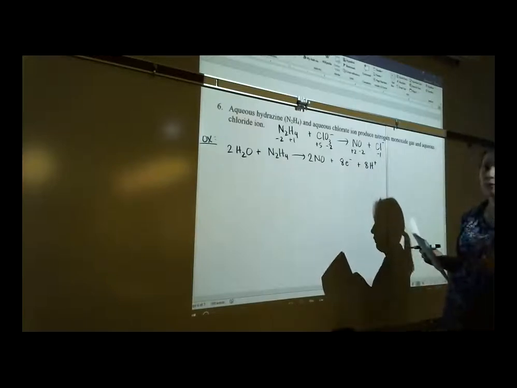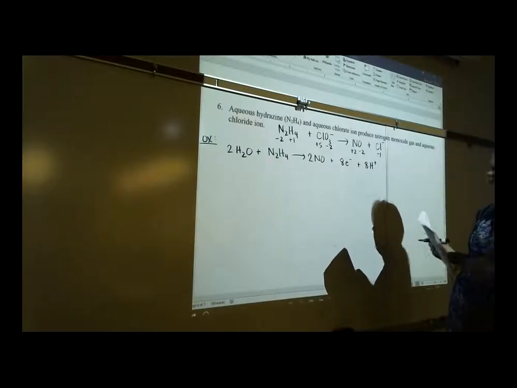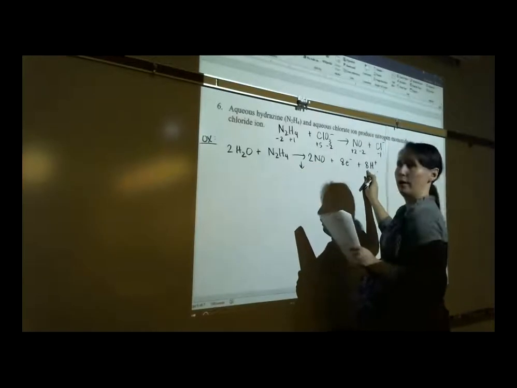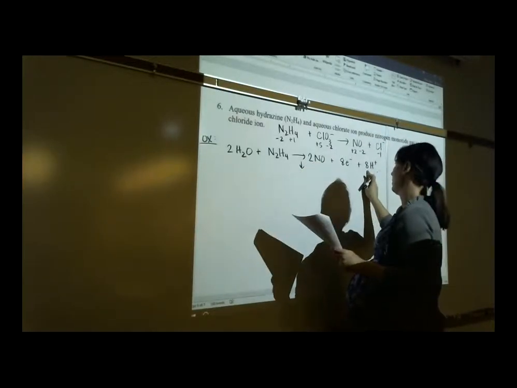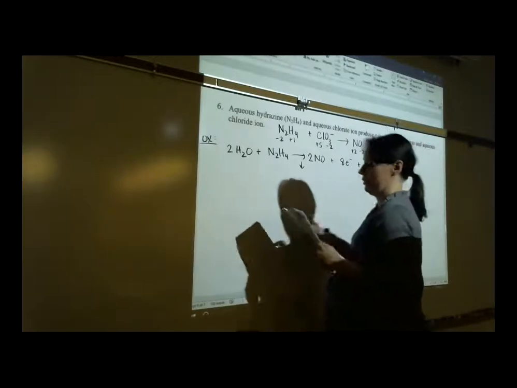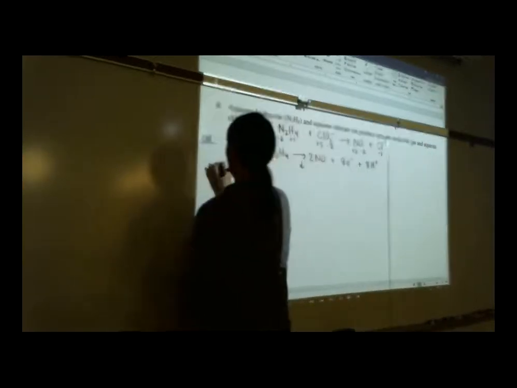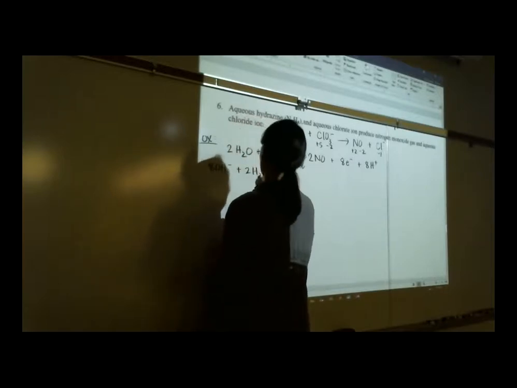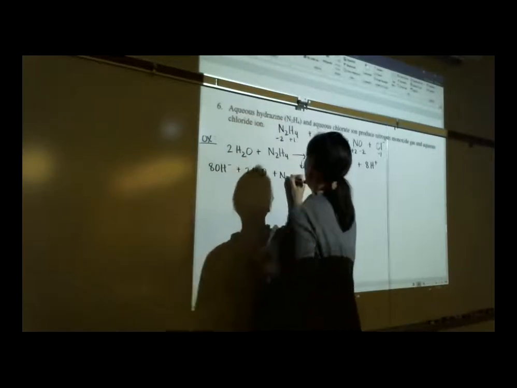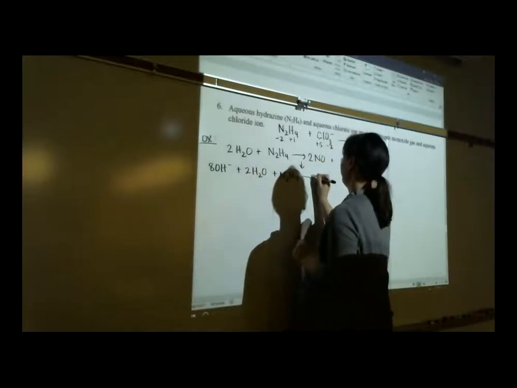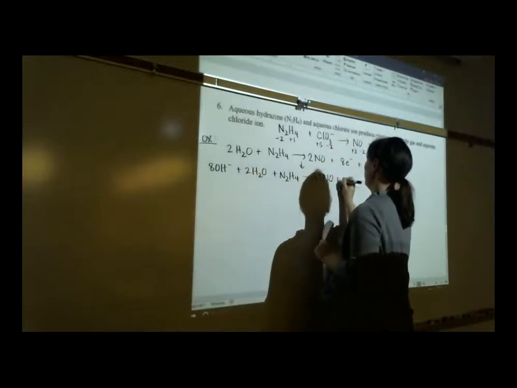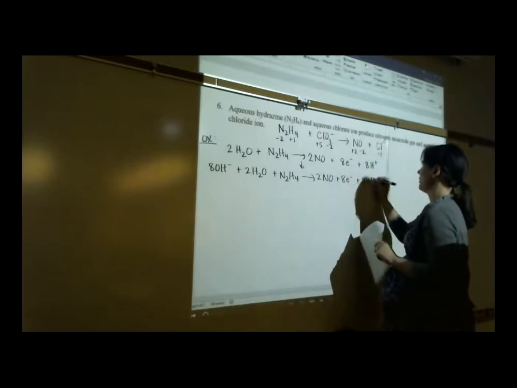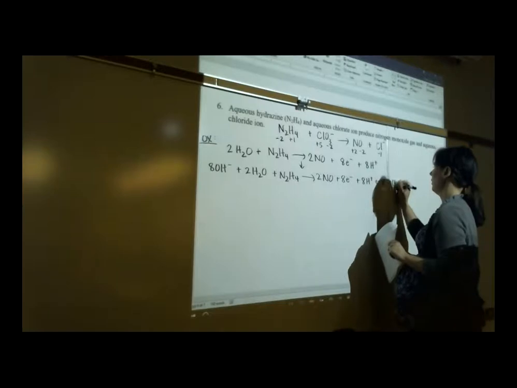Now that's what it would look like if it were acid solution. Let's go ahead and turn it into base. So to turn it into base, I'm going to add the equivalent of the H+ to both sides. So I'm going to add 8 OH- to both sides. So 8 OH- plus 2 H2O and N2H4, 2 NO plus 8e- plus 8 H+ plus 8 OH-.